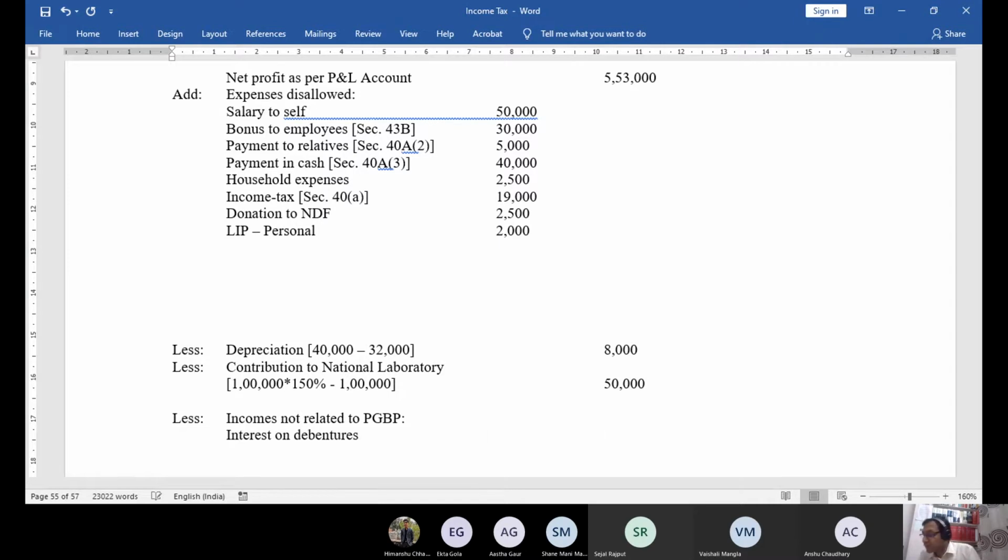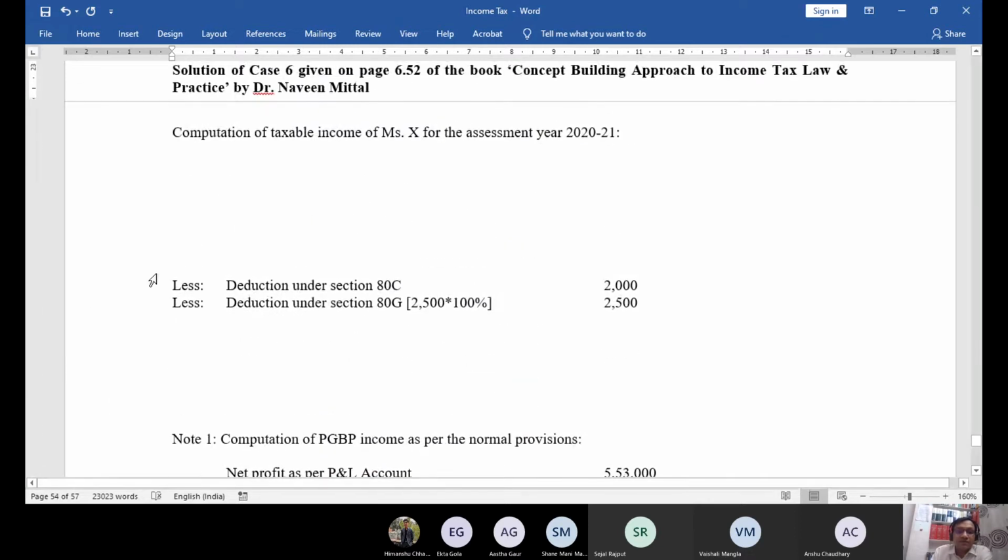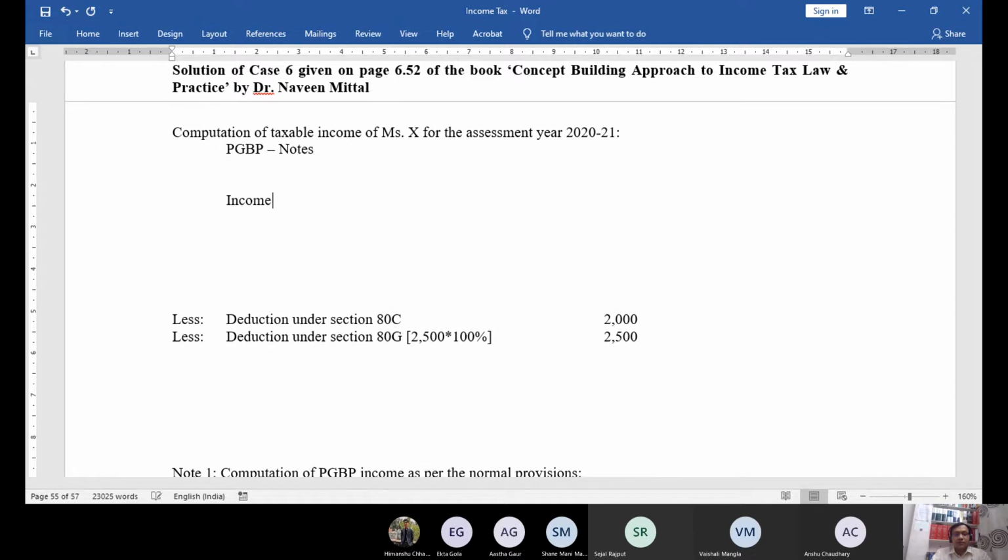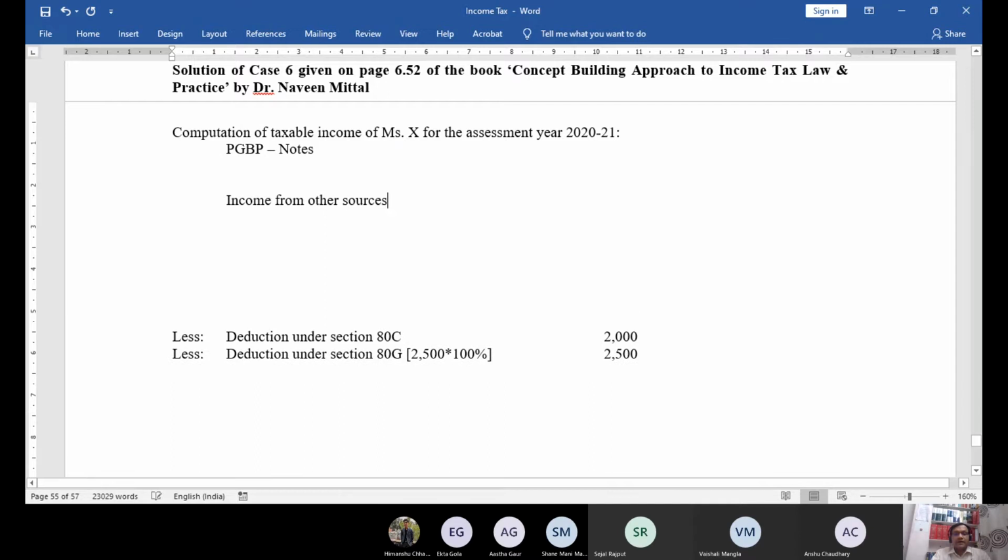How much? 25,000. But do you know, when I will compute my final PGBP income here, because this is the main format above, this depends upon notes. Here, after this, I will add somewhere income from other sources, and here I will show interest on debentures.